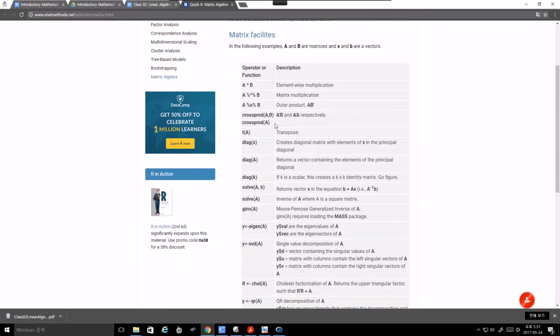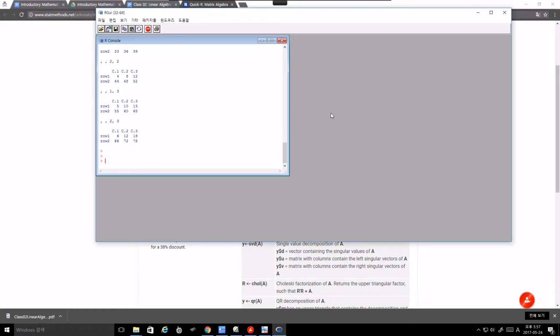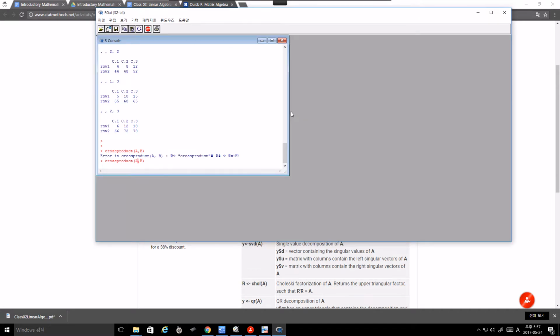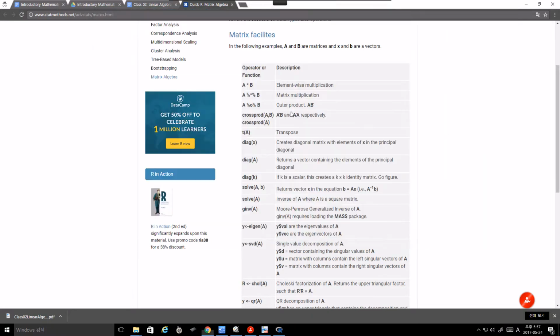Now you can do the cross product, A B cross product. So if you do the cross product of A and B, it looks like this one. Sorry, cross product A B, something like this. So A again, B looks like this, right?